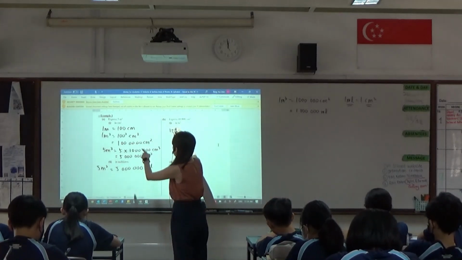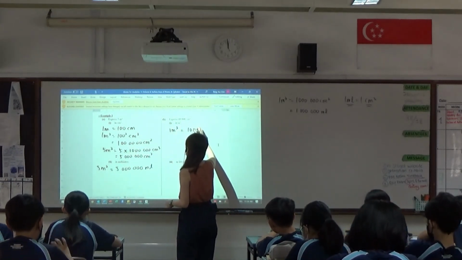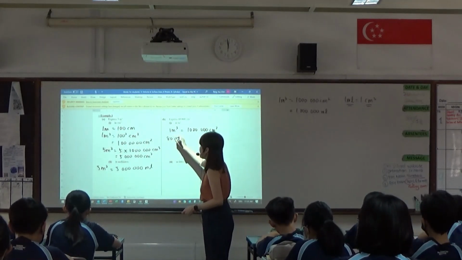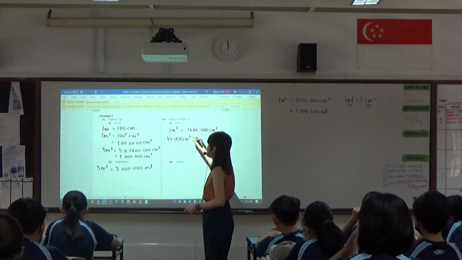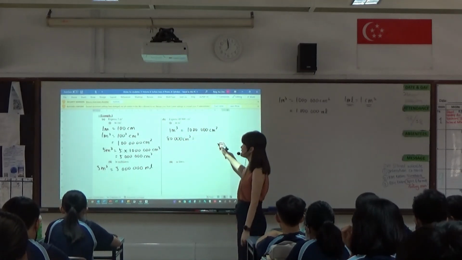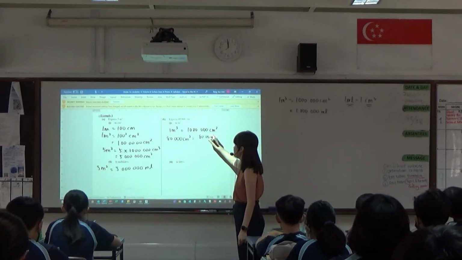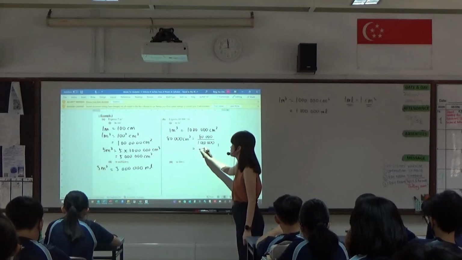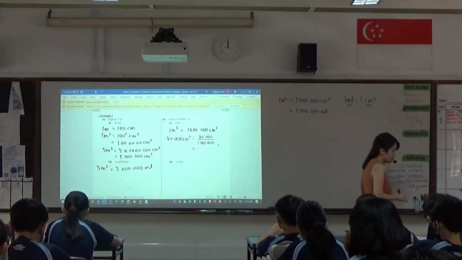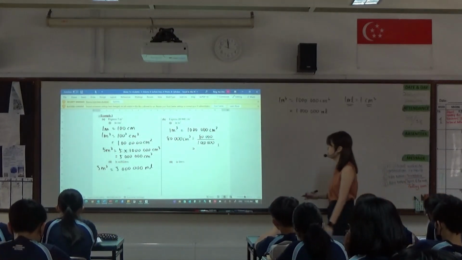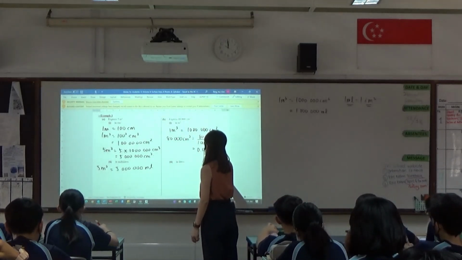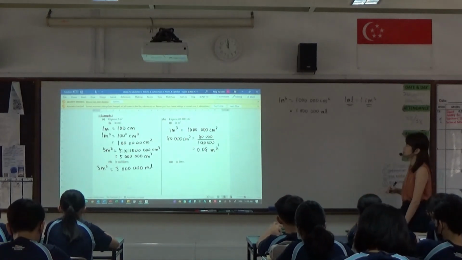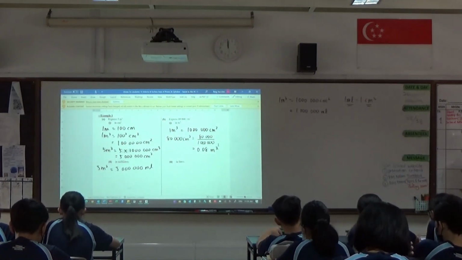So since we already know that 1 meter cube is 1 million cm cube, but since we are trying to convert 80,000 cm cube instead, in order to get the meter cube, I will take 80,000 divided by 1 million. Okay, such that you will have 0.08 meter cube.